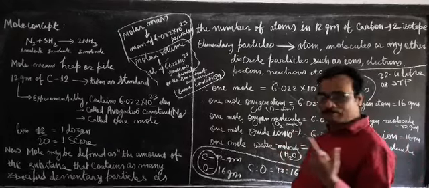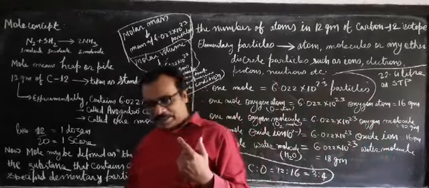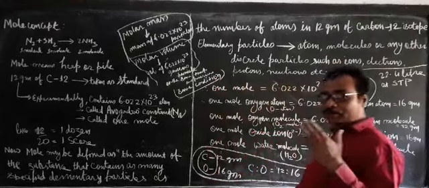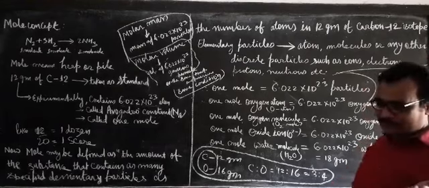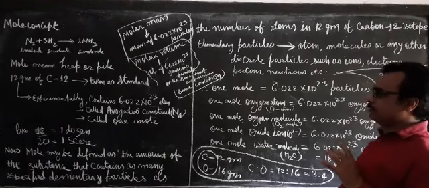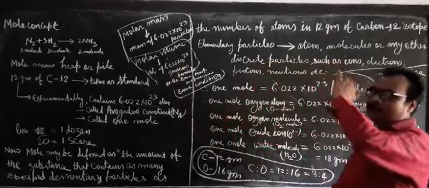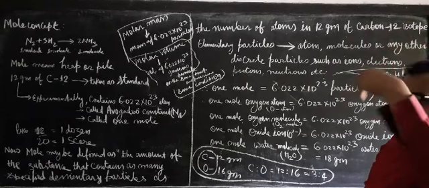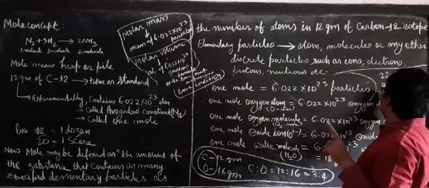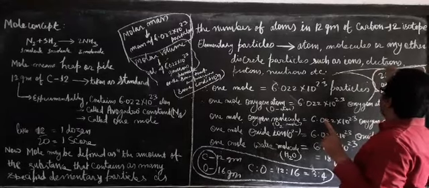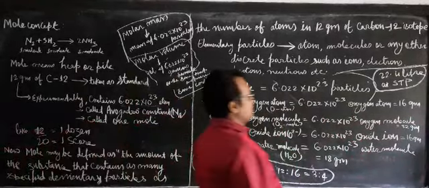If the condition for all the gases is found to be the same, 25 degrees Celsius as the temperature and 1 atmosphere as the pressure, at this condition, if you take this many gaseous particles of any gas, irrespective of the nature, their volume would be 22.4 liter, and this is also known as molar volume at STP.